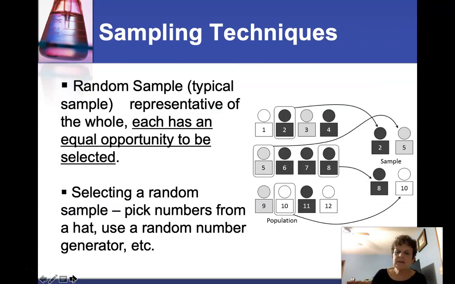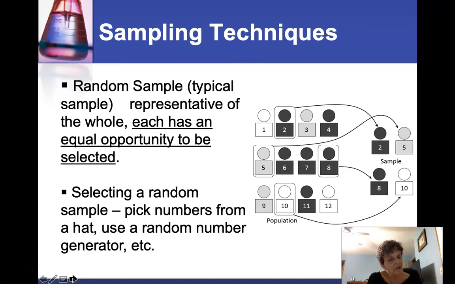So we talked a little bit about the random sample, and that's typically what people use when they are doing a sample. It's representative of the whole, like I said, and everyone has an equal opportunity to be selected. So selecting a random sample, there's different ways you can do it. You can get your whole population together and pull numbers from a hat. There's such a thing as a random number generator.